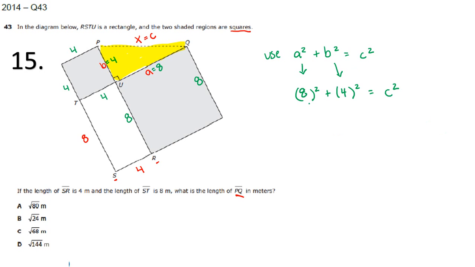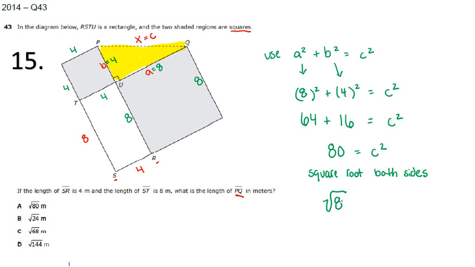So if I finish this, 8 squared is 64 plus 16. If I add both of those together, we have 80. And then you have to remember to take the square root of both sides. And if I take the square root, we have this.